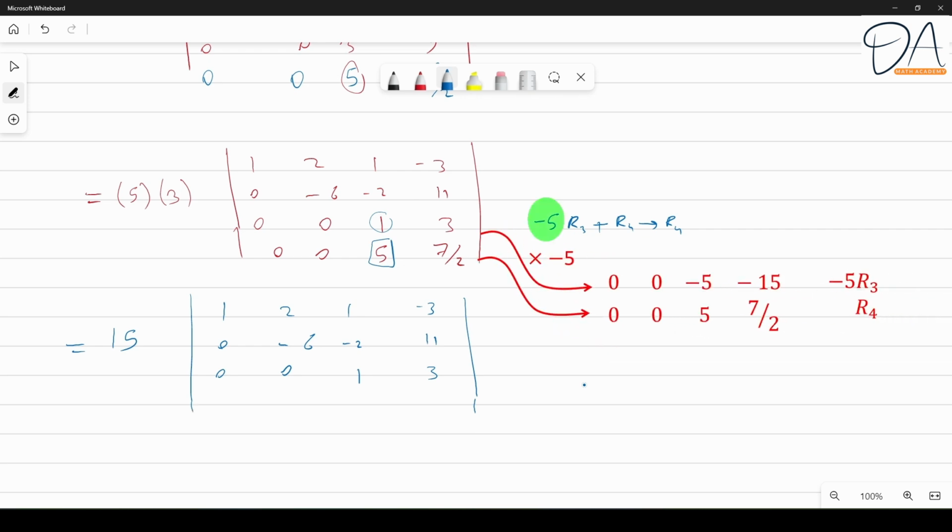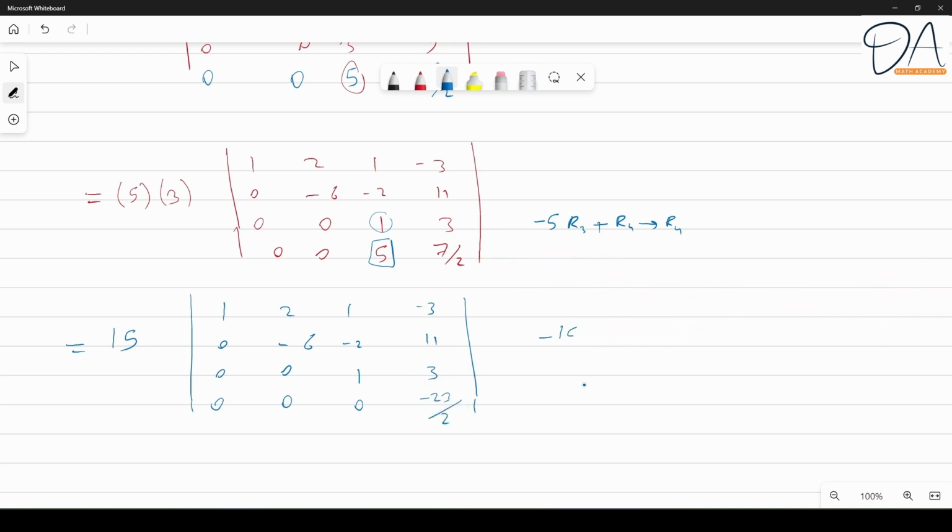So -5 times 0 gives us 0 plus 0 gives us 0. -5 times 0 is 0 plus 0 gives us 0. -5 times 1 gives us -5 plus 5 gives us 0. -5 times 3 gives us -15. -15 plus 7/2 gives you -23/2.